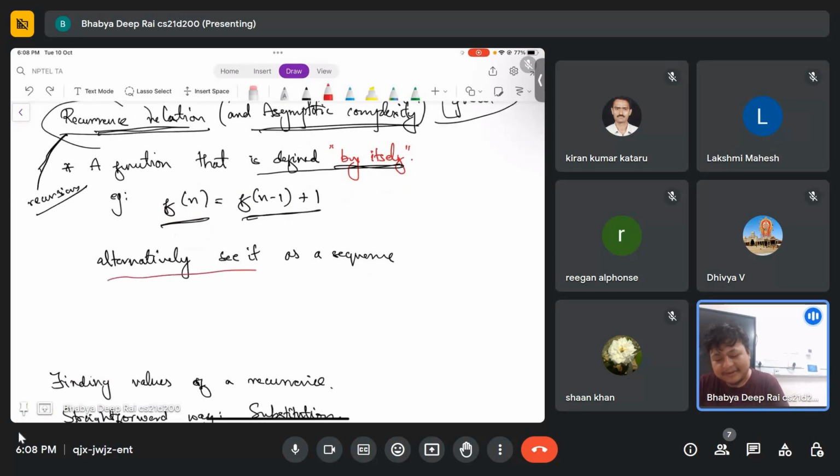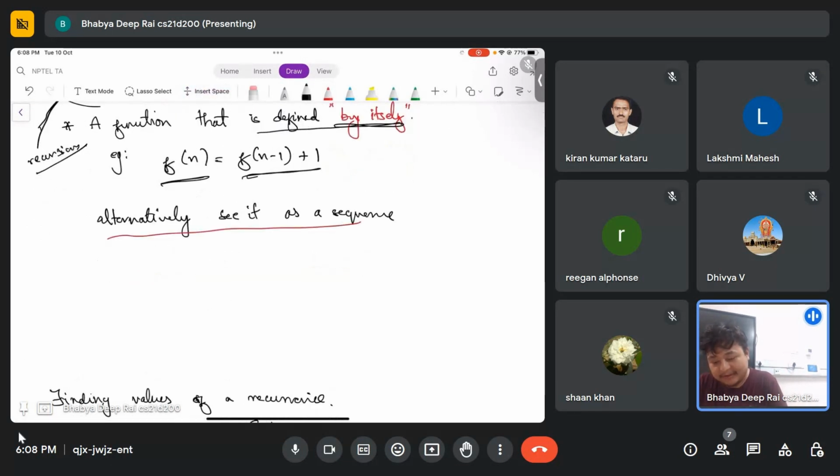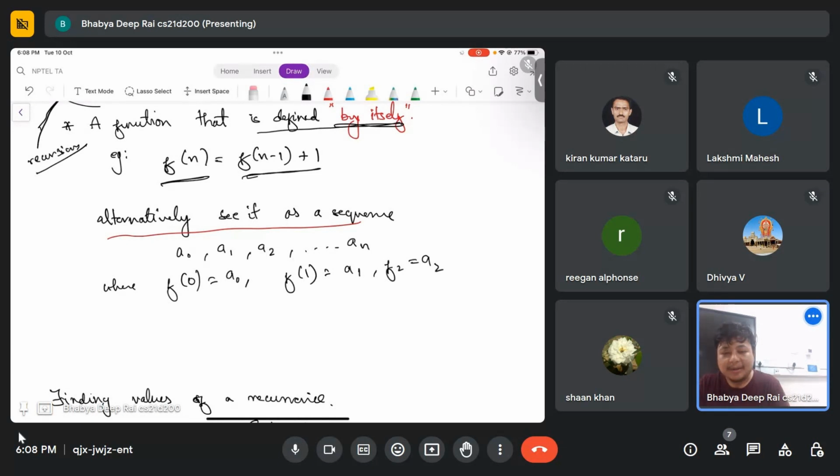An alternative way to see it would be as a sequence. What do I mean by a sequence? The sequence would be as follows: a0, a1, a2, and so on till an, where a0 equals f(0), a1 equals f(1), and a2 equals f(2).